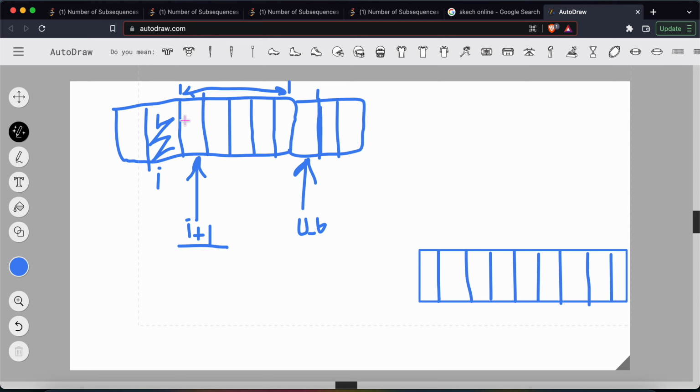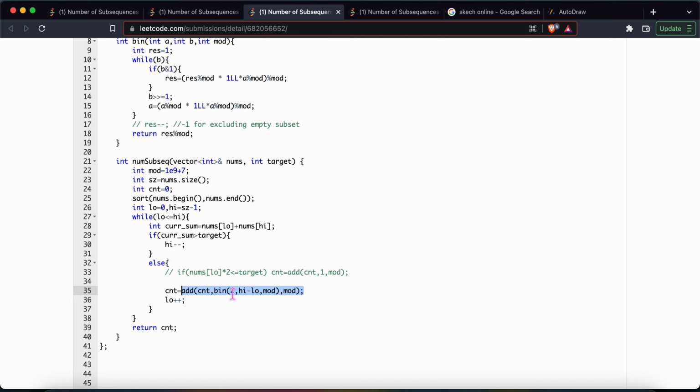Okay, so back to this diagram. This is our low, and suppose this is our high. In this solution, we are doing high minus low, right?